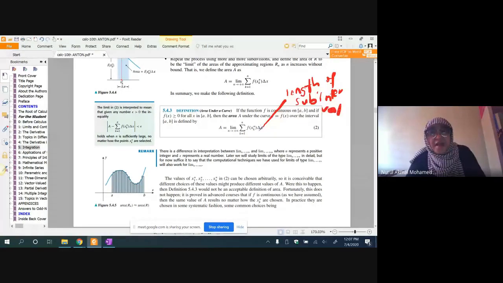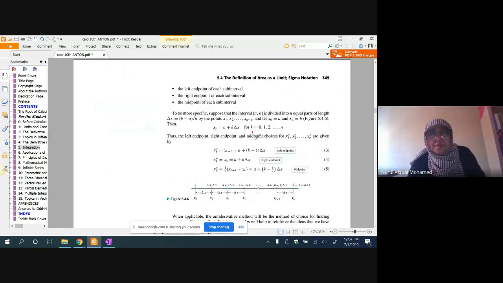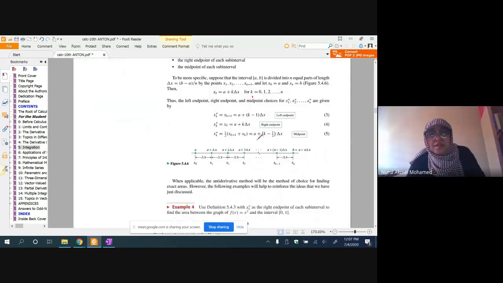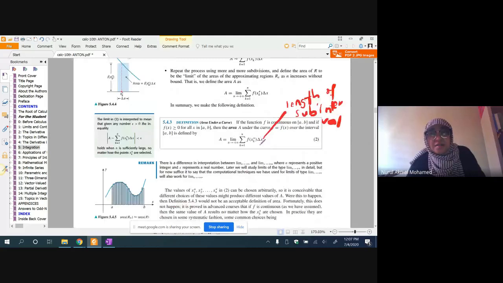And f of x k star is the height, the height of the rectangles.